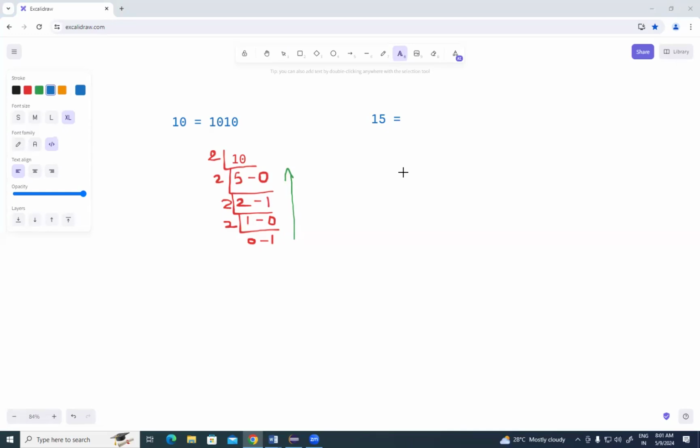So try to write on a paper. 4 ones. 15, please try to convert.